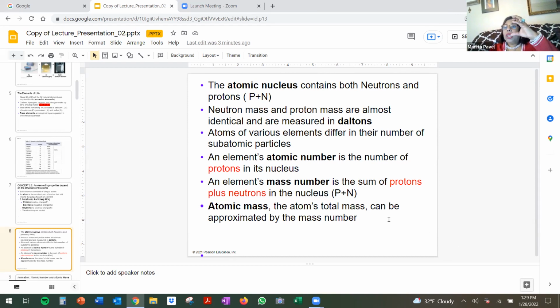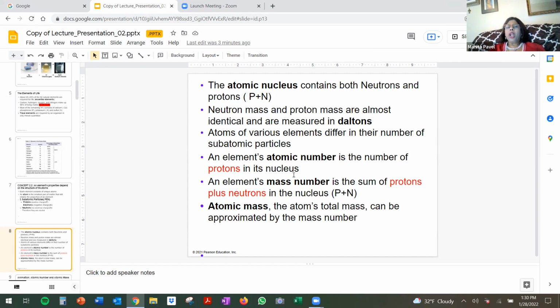So when you look at an atom's nucleus, that refers to the mass number, P plus N. And so it has to be larger than the atomic number. And when you look at what is the atomic mass, it's the atom's total mass that can be approximated by the mass number.